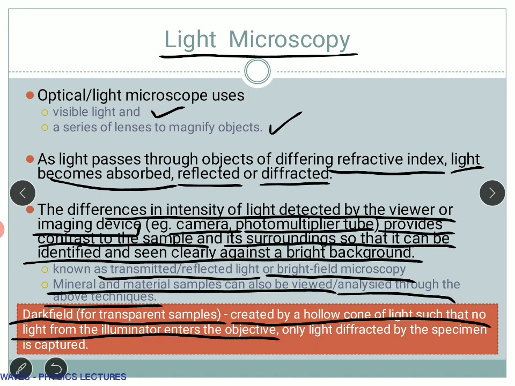So if you are illuminating the sample, the light does not fall directly into the objective. What we see is only the diffracted light from the specimen. If you look at the diffracted light from the specimen, we can actually see the image of the transparent sample. So that is what is called dark field spectroscopy.